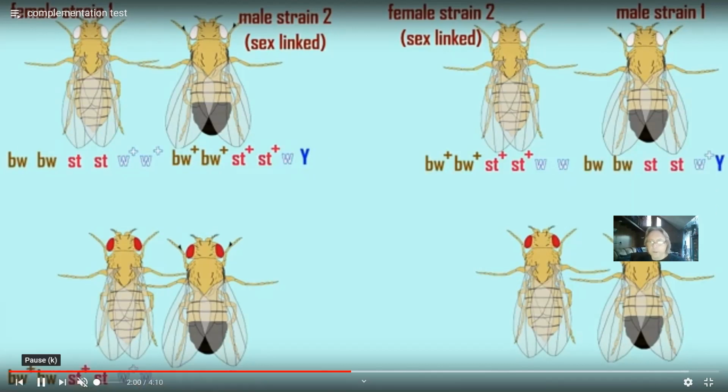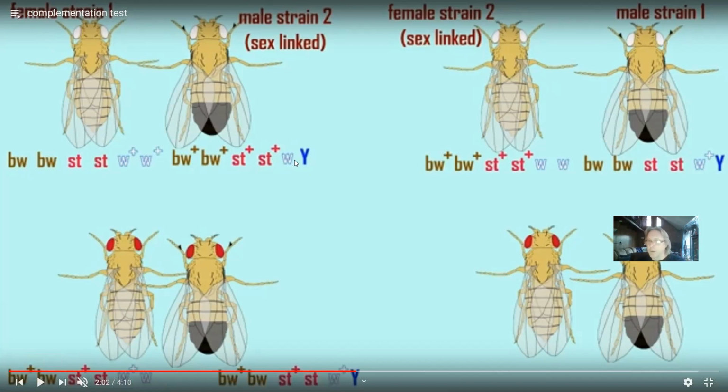Well, if you look at the bottom, sorry for the play bar here, notice that there are 3 genes we're looking at: brown, scarlet, and white. Now, in this cross, this parent is homozygous for the wild type alleles for brown and scarlet. So these offspring will get wild type alleles for brown and scarlet from that parent.